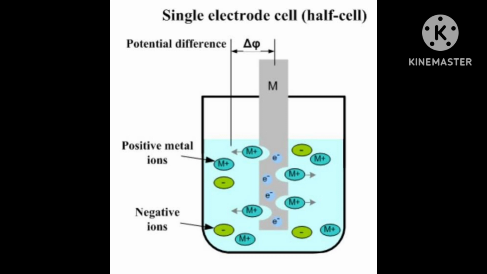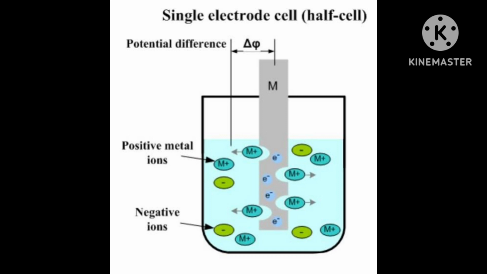How to write anode and cathode I have also discussed. The anode side is oxidation, and the anode is given a negative sign, the cathode is given a positive sign, don't forget. Anode side oxidation, cathode side reduction.